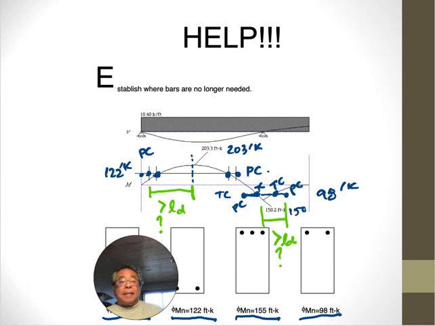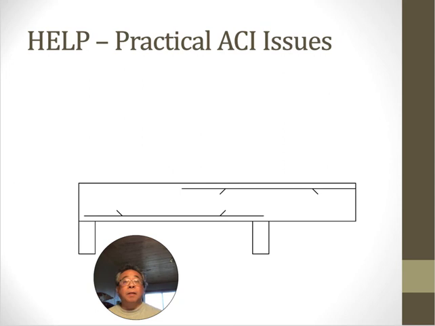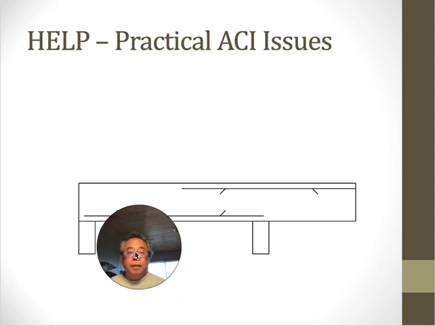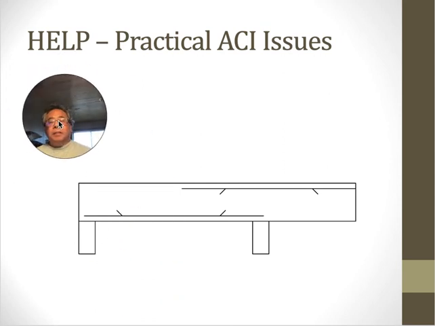And then finally, you have these practical continuity details. That's the last step. Oh, there we go. You need to check, does 1/3 of the steel go all the way across? Okay.